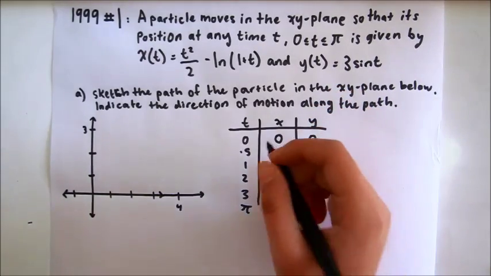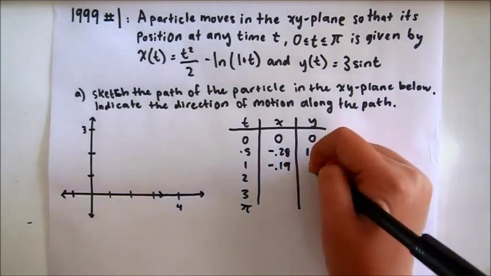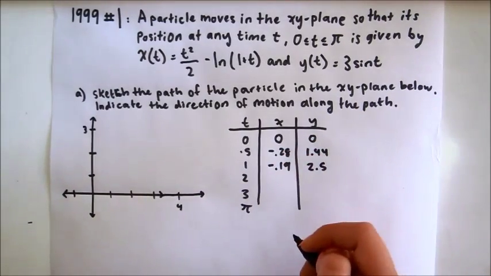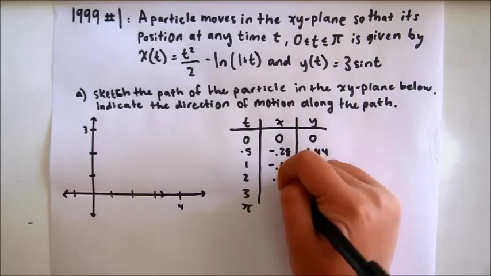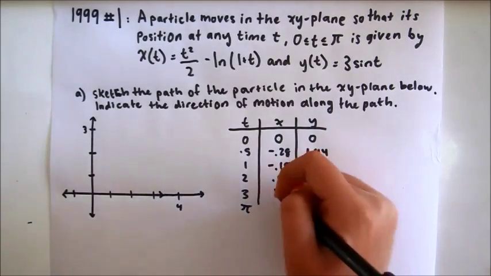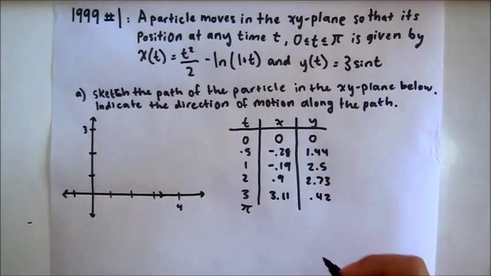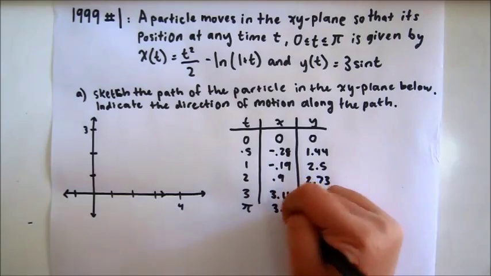For 1, you get negative 0.19 and 2.5. For 2, you get 0.9 and 2.73. For 3, you get 3.11 and 0.42. And for our last point, pi, we get 3.5 and 0.